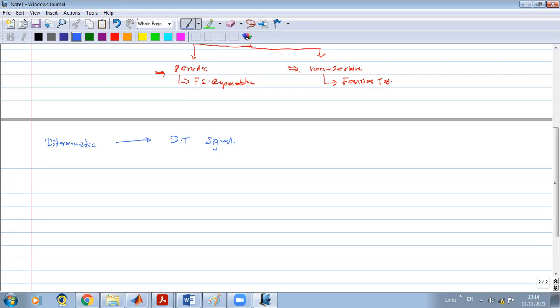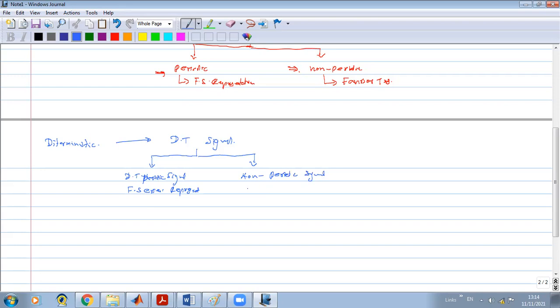In the same manner, we are going to learn discrete time periodic signal analysis. For that, we use Fourier series representation as usual. And also non-periodic, aperiodic signals.